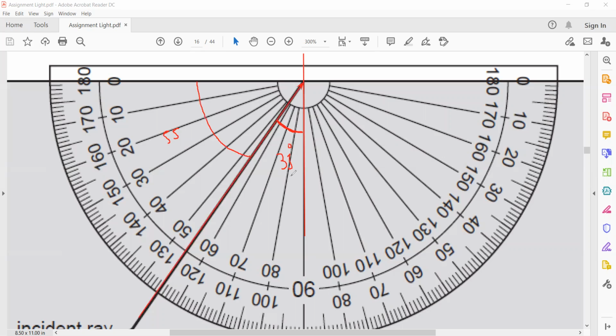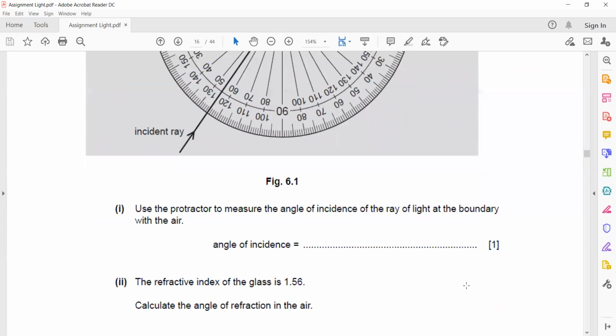We always measure the angle from the normal. 55 is not the angle of incidence. 35 is the angle of incidence. Yes, 35 degrees. That is the angle of incidence.